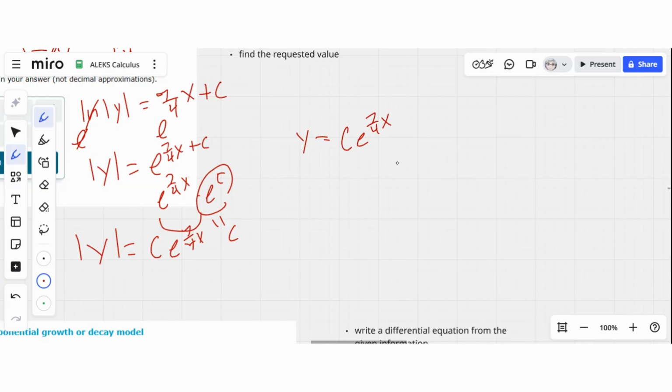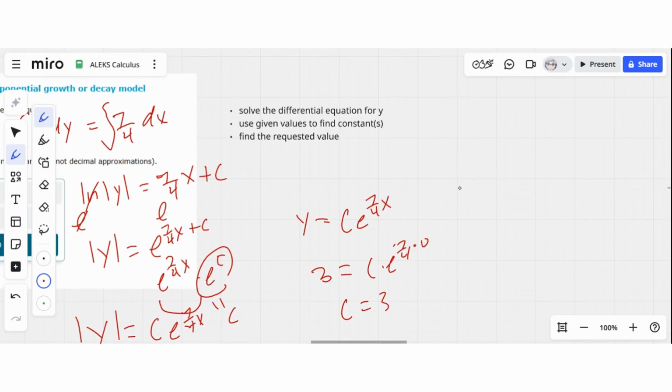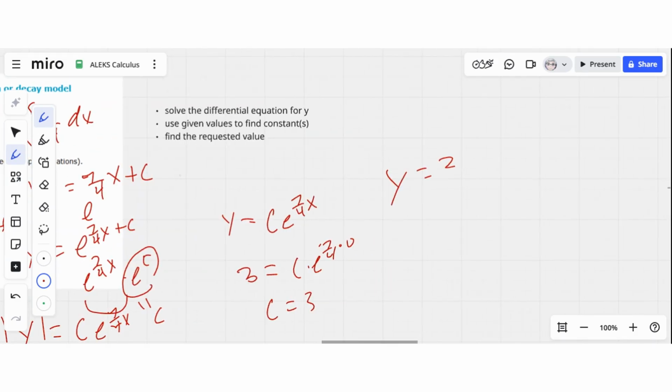So that means x is 0 and y is going to equal 3. And e to the 7/4 times 0, that's e to the 0, which is just 1. So c equals 3. So I can rewrite this equation now as y equals 3e to the 7/4 x power. Okay, so far so good.